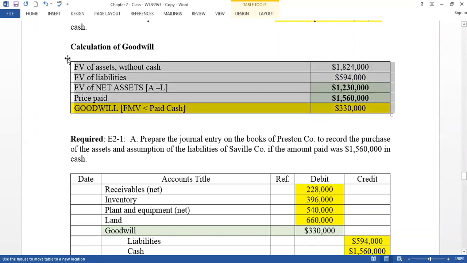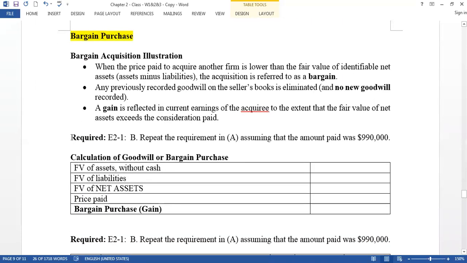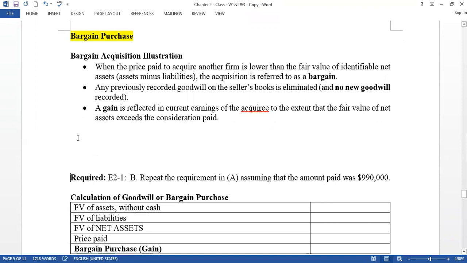So this scenario is opposite for the bargain purchase. Let me show you the explanation first.